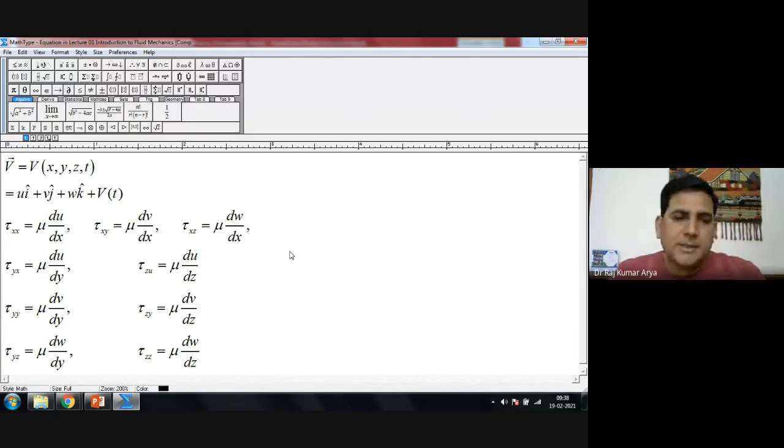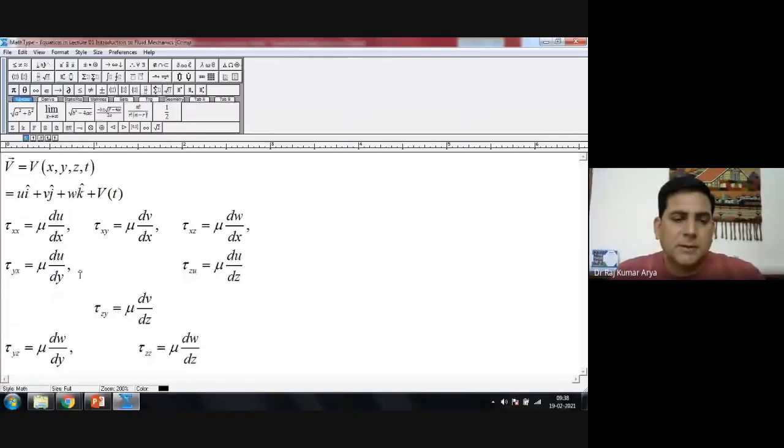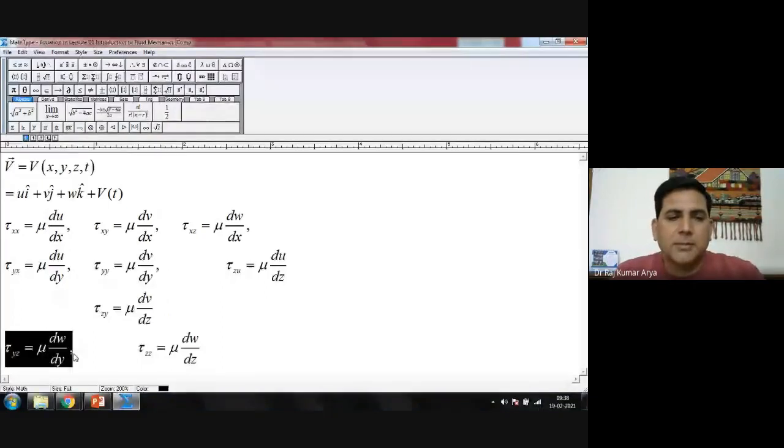Same thing you can write for y: y plane in direction x, y plane in direction y, and y plane in direction z. So you are actually going plane by plane.